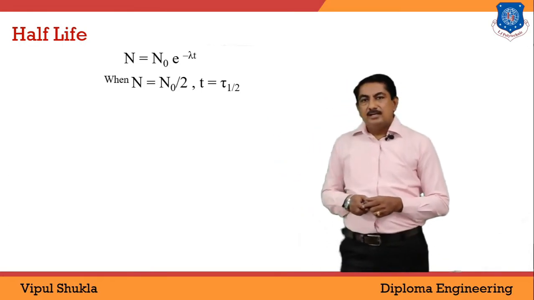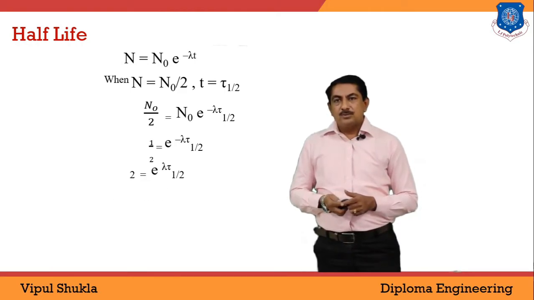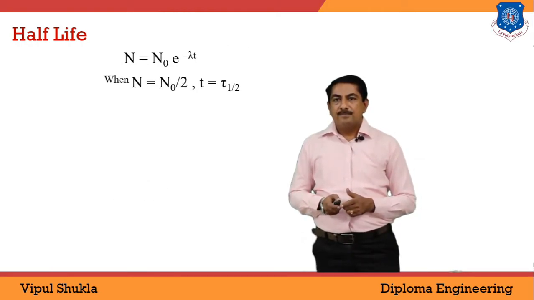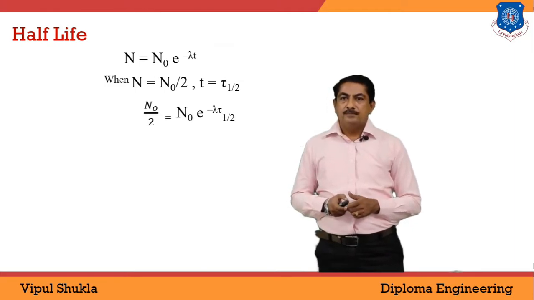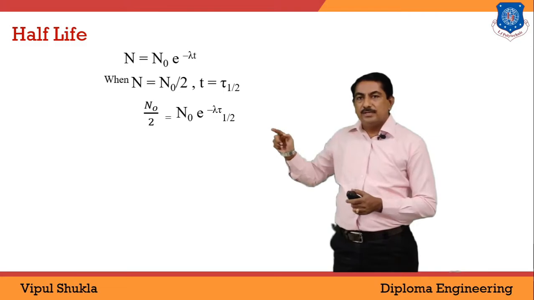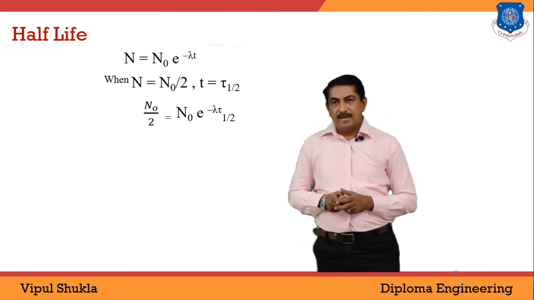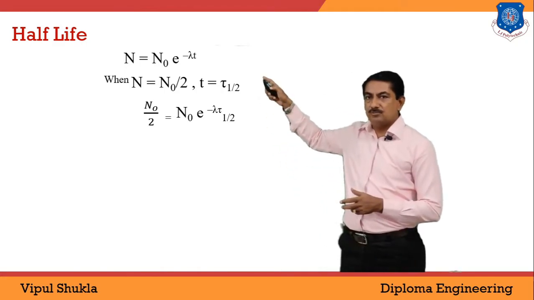Remember here lambda is the decay constant. If we substitute this value in the previous equation, we get N0 by 2 equal to N0 e raised to minus lambda into tau half.